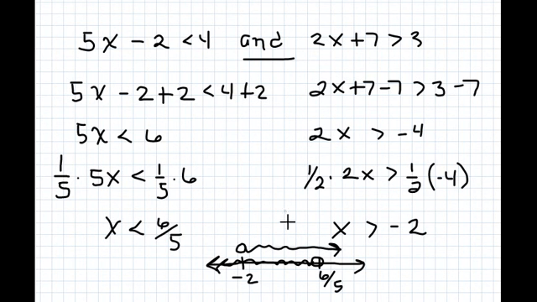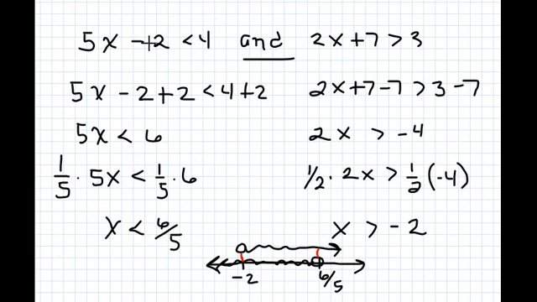So remember, we're working with and, which means, in a sense, intersection. That's basically, what do these two intervals have in common? And that's actually going to be the stuff all in between here. So we're looking at between -2 and 6/5. We can't include -2, and we don't include 6/5.